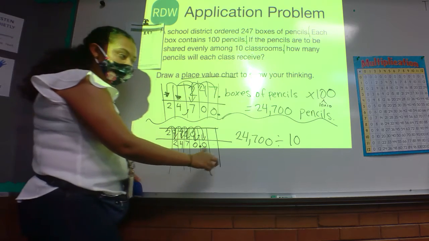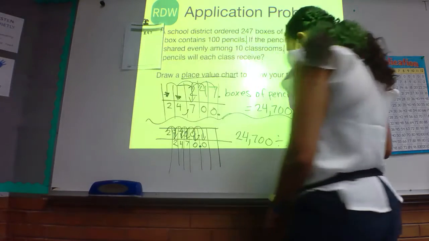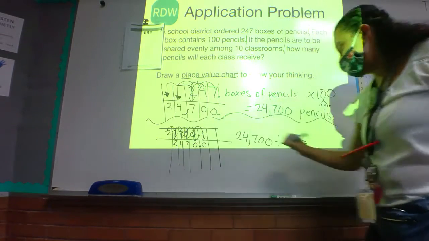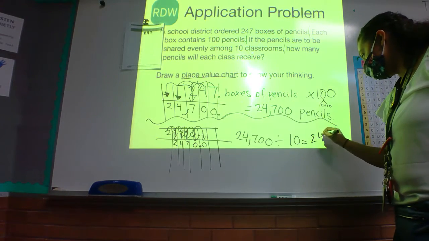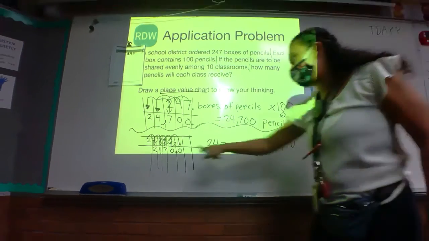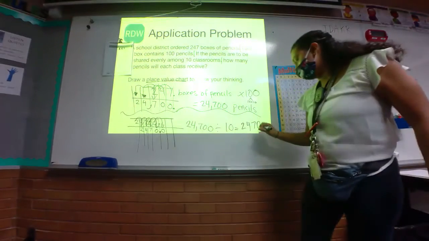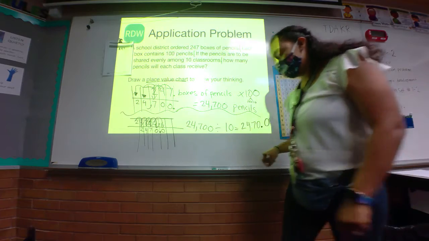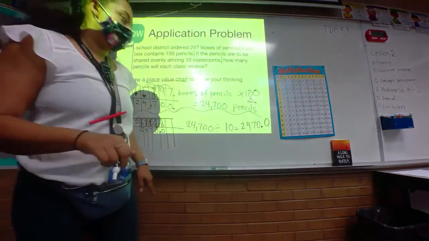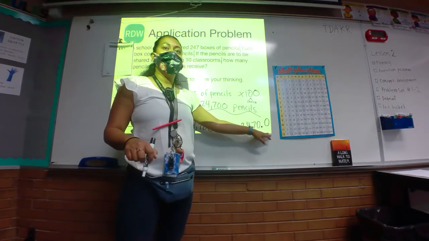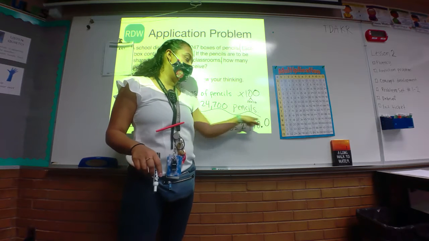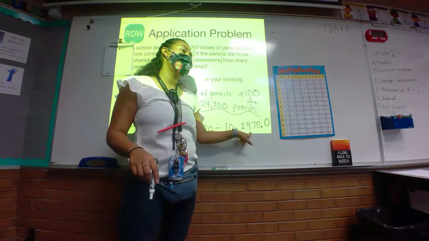Okay, so now we have, write it down exactly how you see it right here. So 2470, decimal 0. But you're not splitting this because this is how much each class gets.